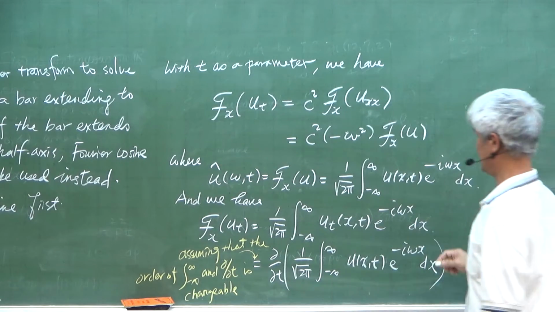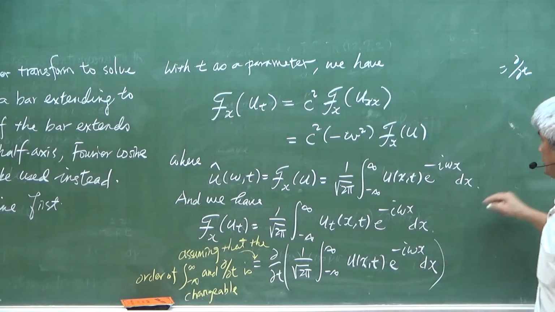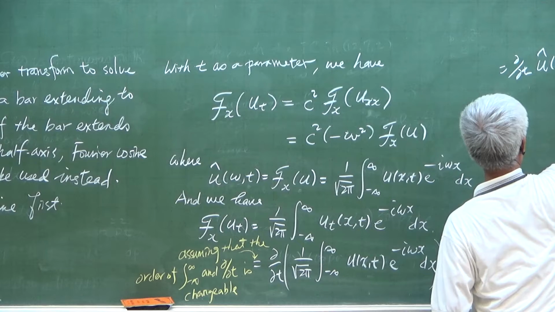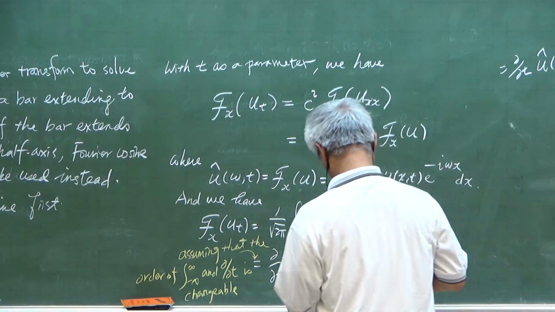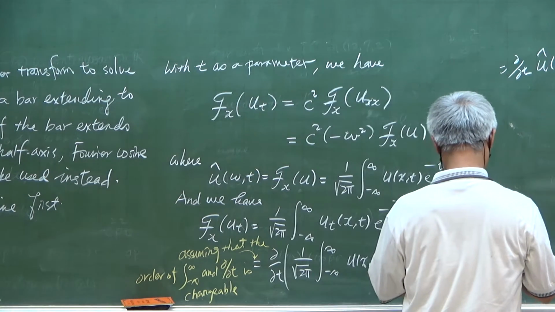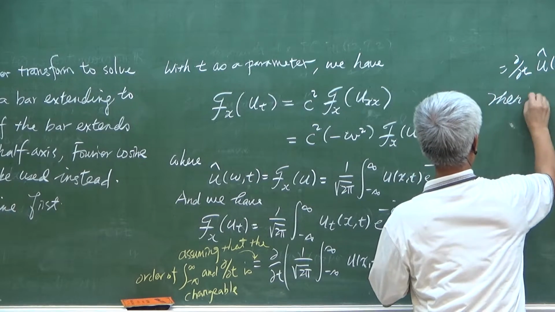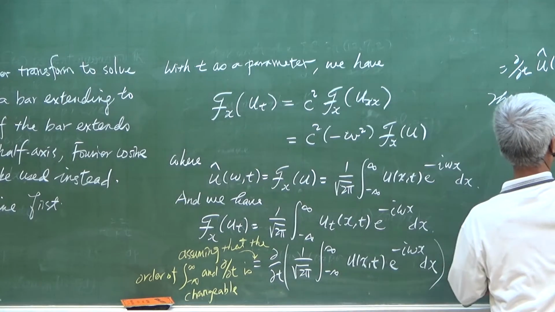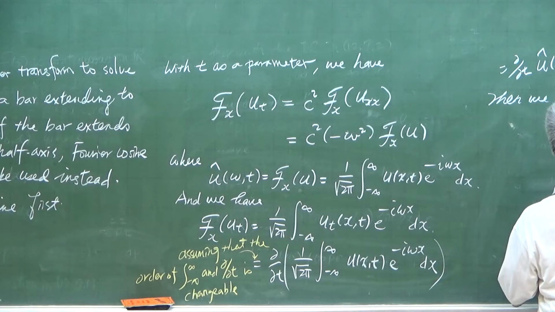So what is this? Actually, this is u hat of omega and t. Then we obtain a first order ODE.